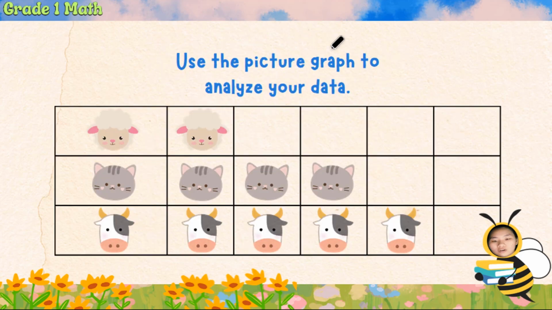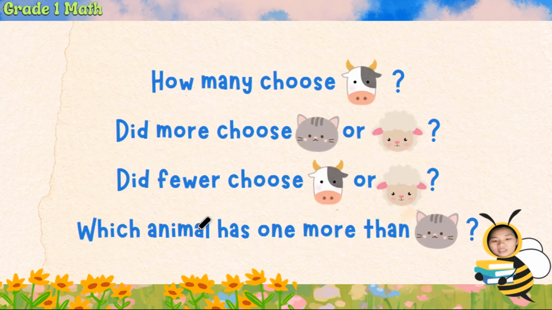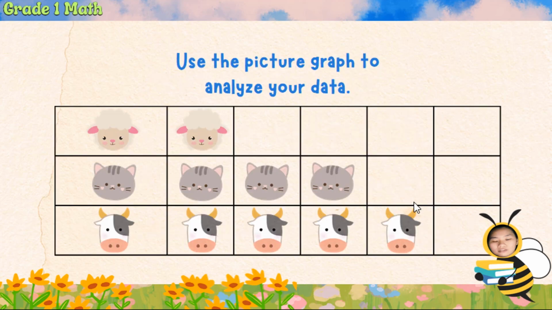Use the picture graph to analyze your data. Now we're just going to go back and forth with this graph over here and the following questions, okay? First off, let's analyze the graph before we jump into the analysis part.